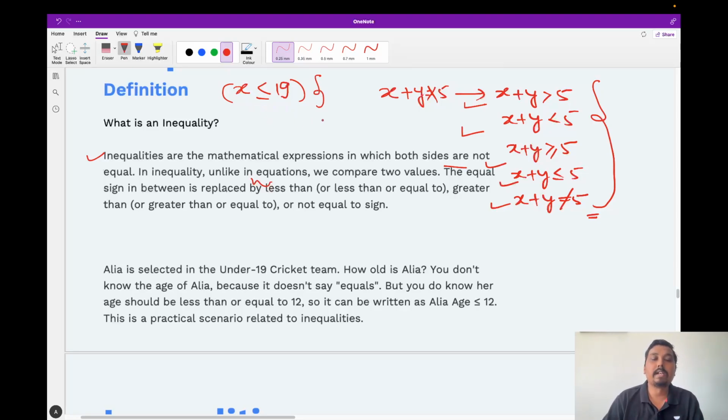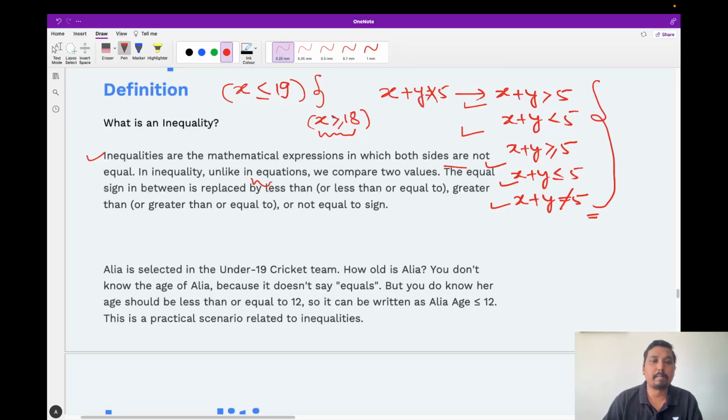Now, if somebody tells you that Alia's current age definitely has to be greater than 18, for example, or she has reached an age where she can vote, or she is an adult, you will understand that she is greater than 18 or might be greater than or equal to 18.